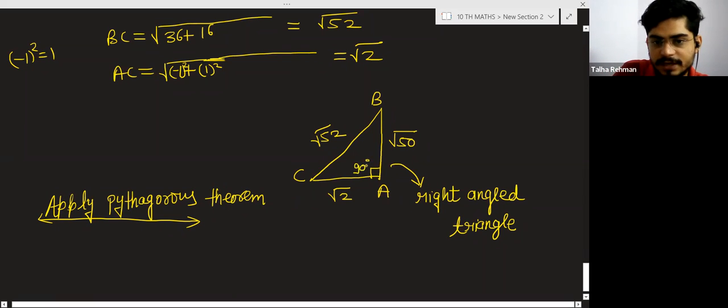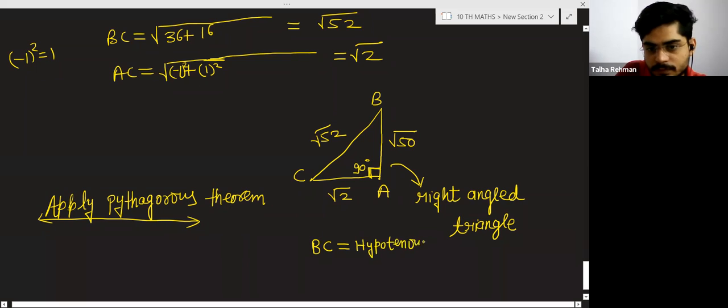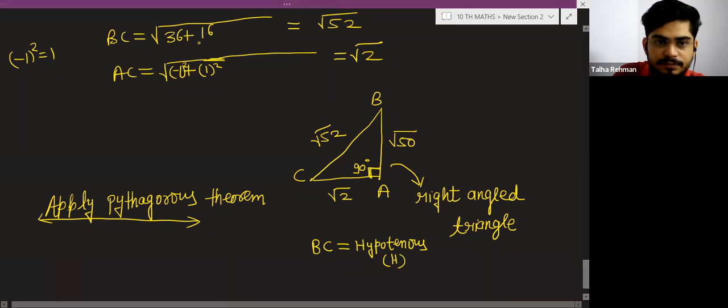So this angle is 90 degrees, and opposite to this side BC will be the hypotenuse. I am representing this with H. This is hypotenuse H.